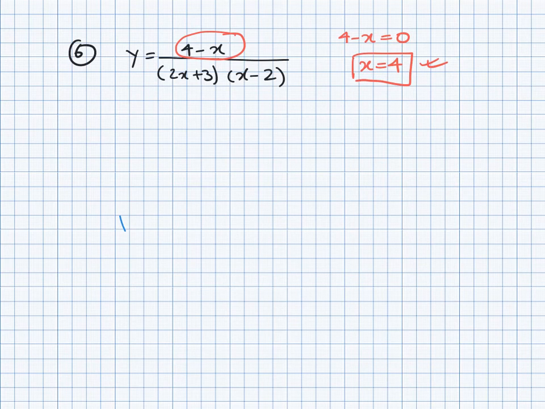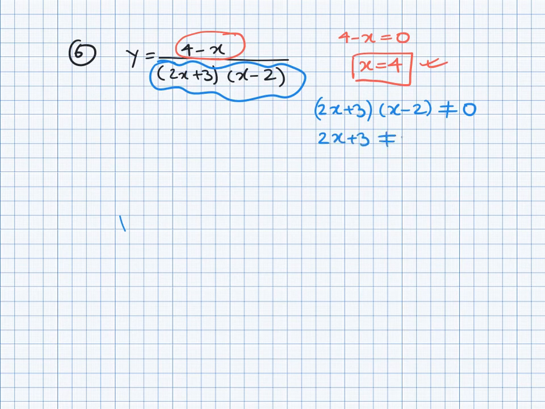But we have to check the denominator, this part here, to see what's happening. So what do we know about the denominator? It can't be equal to 0. So 2x plus 3 times x take away 2 can't be equal to 0. It means this factor can't be equal to 0, and this one can't be equal to 0.